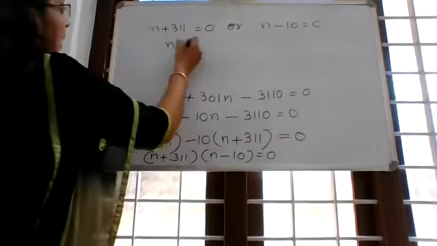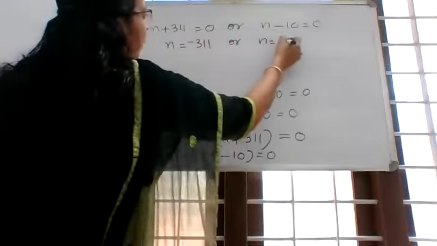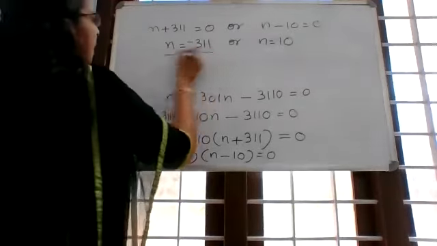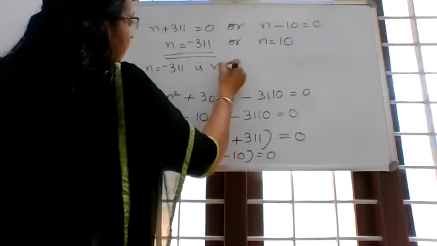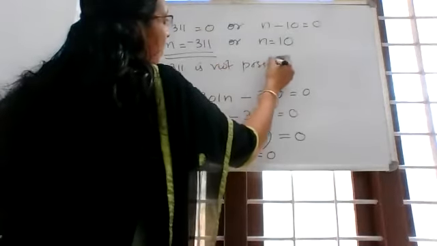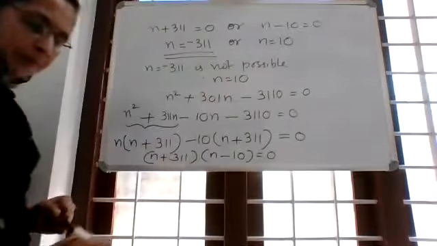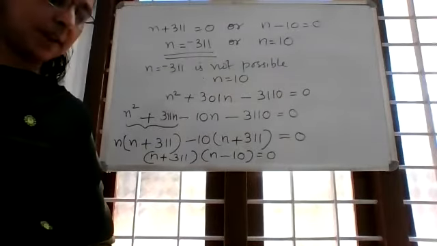So, we can write n is equal to negative 311 or n is equal to 10. Which one we want to take? n is equal to 10. n is equal to negative 311 is not possible. Therefore, n is equal to 10. So, that is the answer.